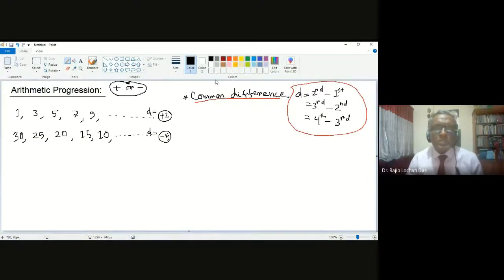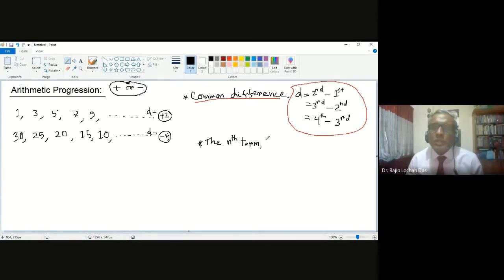Now I am giving you the formula. So what is the first formula? The first formula for arithmetic progression is the nth term. Nth term, that means first term, second term, third term, fourth term, like that. Nth means nth position.